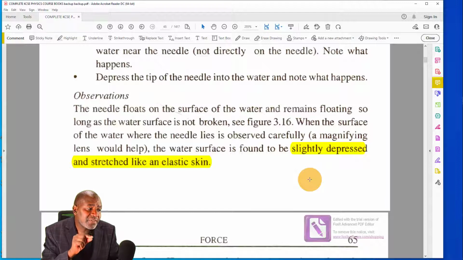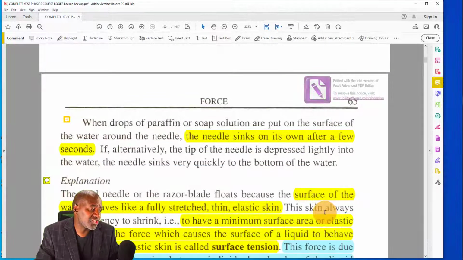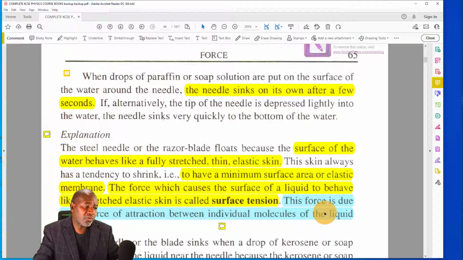The water surface is found to be slightly depressed and stretched like an elastic skin. And this is where we get the definition of surface tension, where the surface of the liquid behaves like a stretched elastic skin. That shows there is surface tension. Now, how can we reduce surface tension?